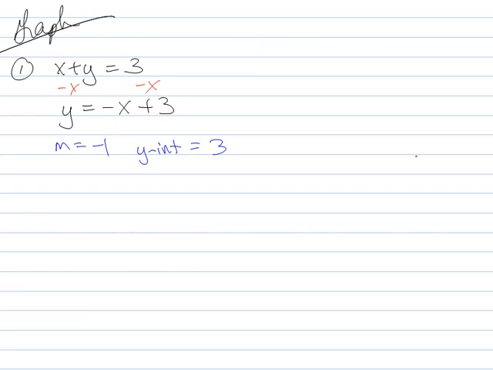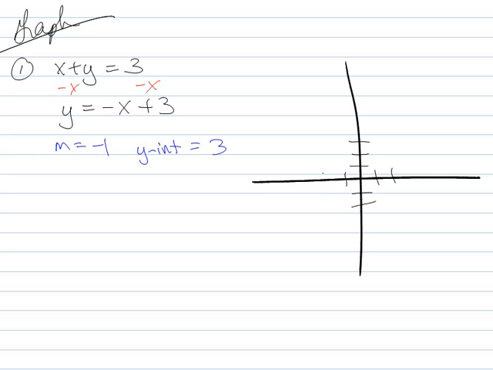So if I was going to graph this line, the y-intercept is at 3, slope is negative 1, so down 1 over 1, down 1 over 1, down 1 over 1. So it's going to look like this. This is actually the same line we had before.